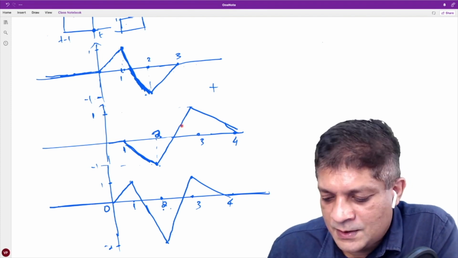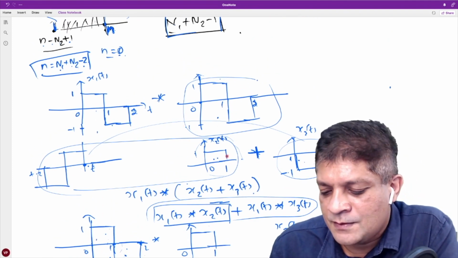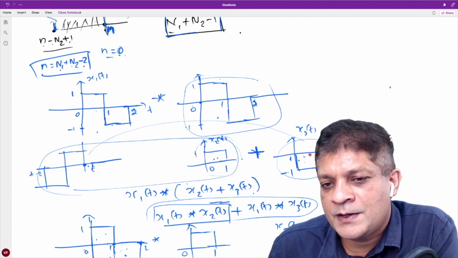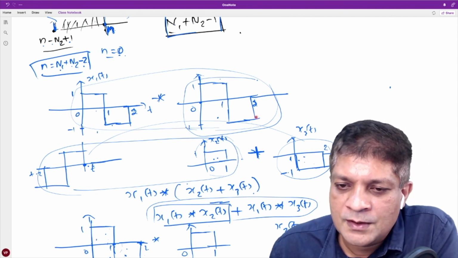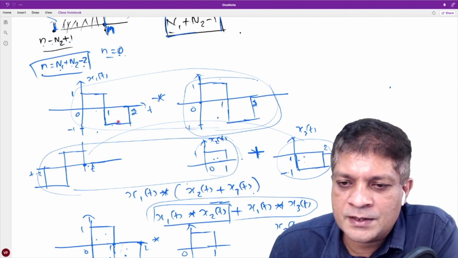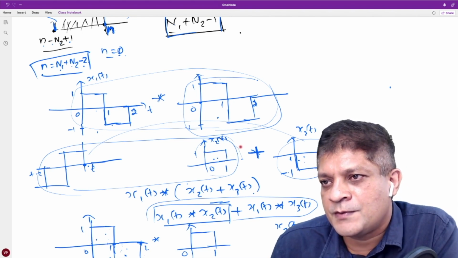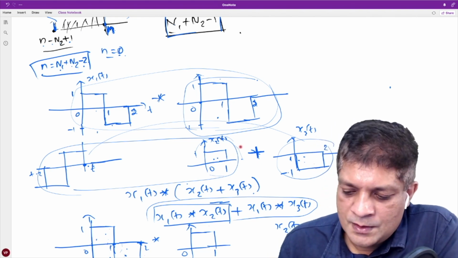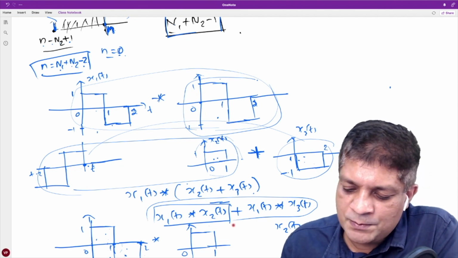What we have done here is using the properties of convolution, we have simplified that convolution, isn't it? Otherwise, if you directly use this convolution, it will be slightly difficult. You can find it, but it is slightly difficult. But if you use this property, you can simplify it. In the exams and tutorials, you can expect many problems like this.